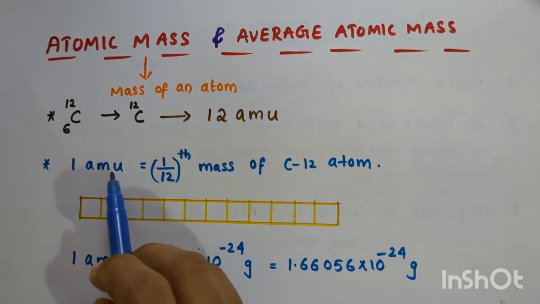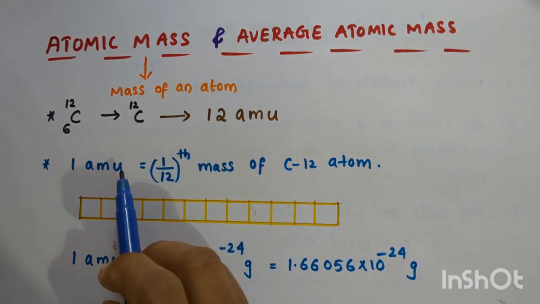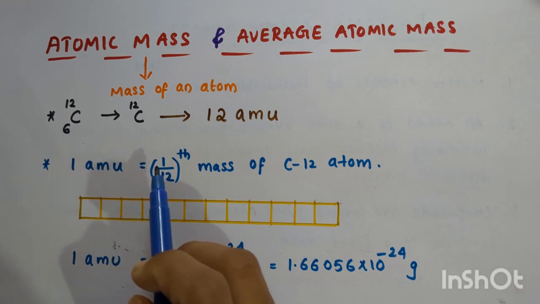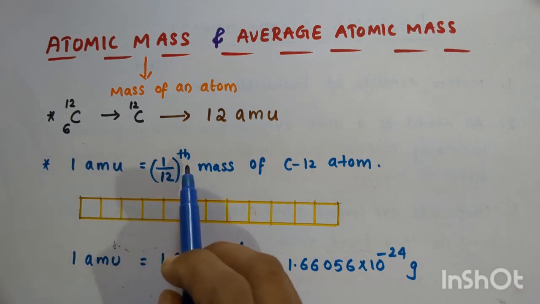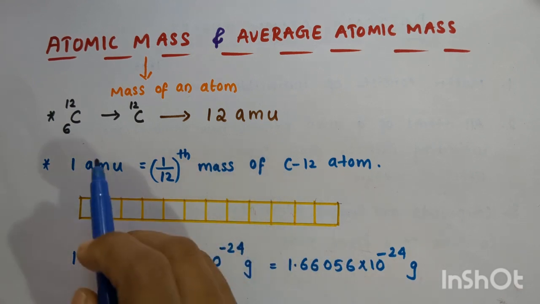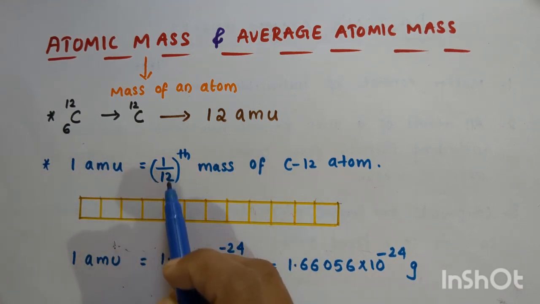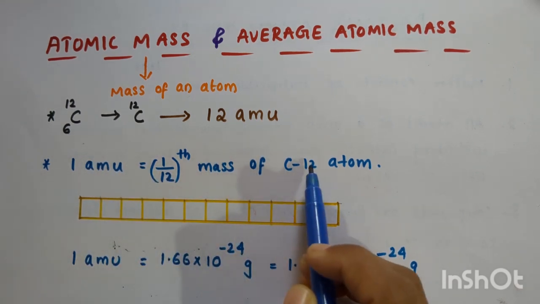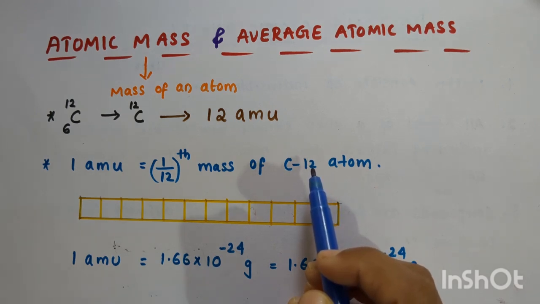One AMU is defined as a mass exactly equal to 1/12 of the mass of one carbon 12 atom.